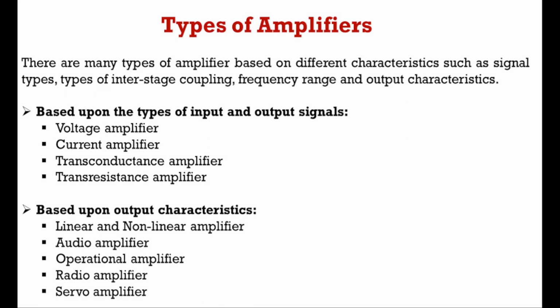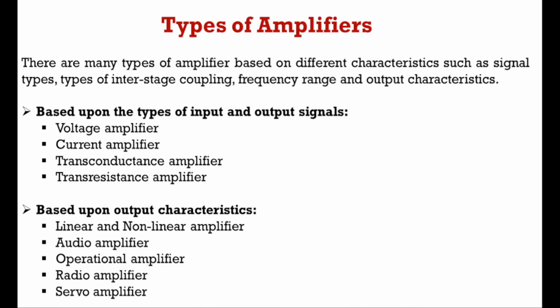Based upon the output characteristics, an amplifier can be linear or nonlinear. The linear amplifier produces an output signal without the introduction of any type of distortion, whereas a nonlinear amplifier introduces some distortion in the output signal. An audio amplifier is a type of power amplifier. For example, it is used in a home stereo system for running the loudspeaker.